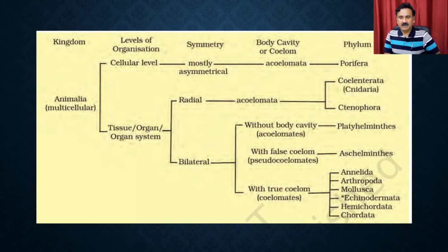Then it comes to the third one, which is the true coelomates. Within the true coelomates, we have the Annelida, Arthropoda, Mollusca, Echinodermata, Hemichordata, and Chordata. And within the Chordata, you have all other animals.